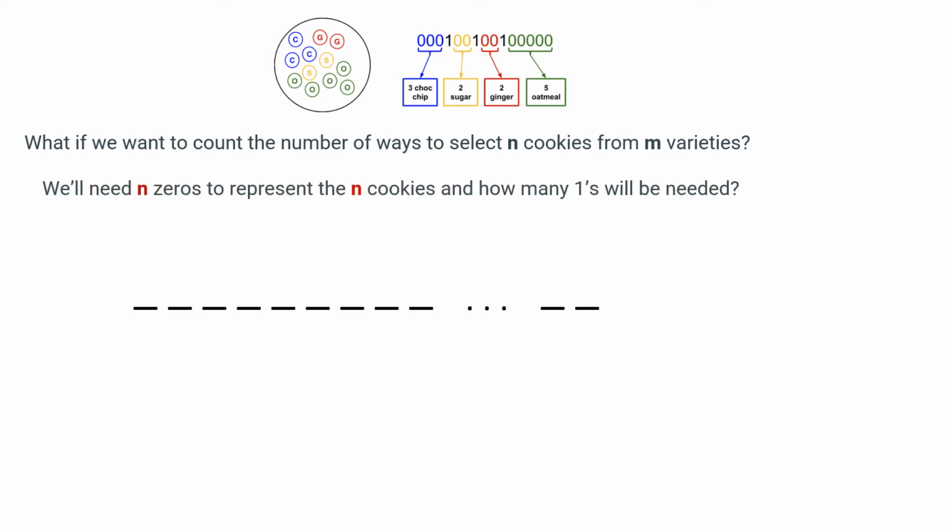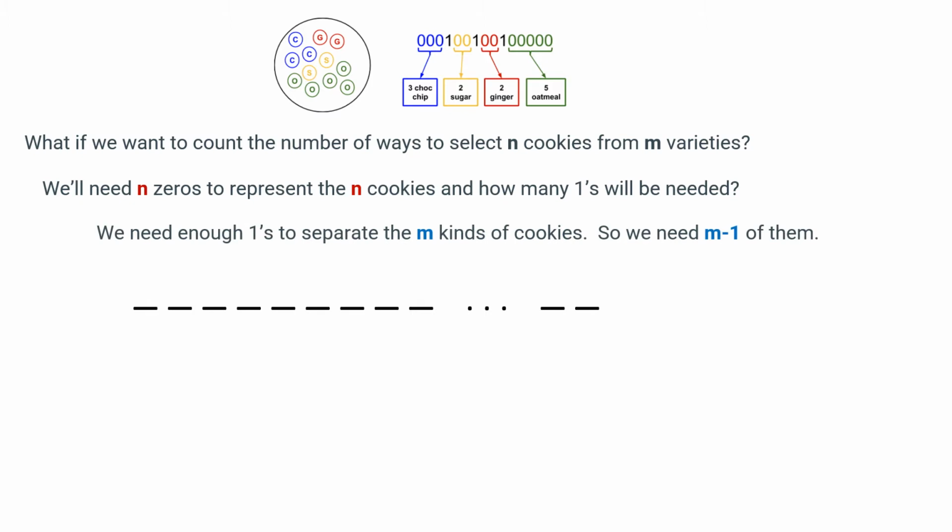So again, using that same rule for coming up with a code word, we would need n zeros to represent those n cookies. And then how many ones would we need? Well, we would need enough ones to separate the m kinds of cookies, so we would need m minus 1 of the ones, right?